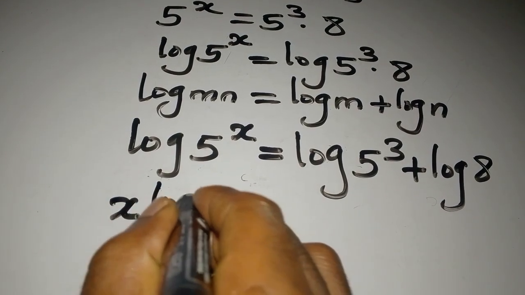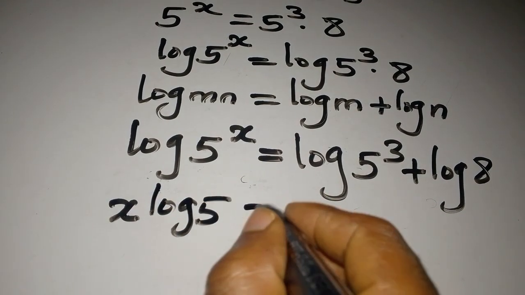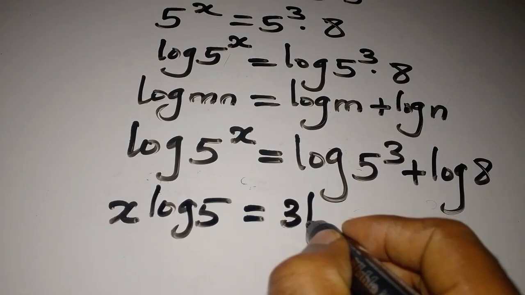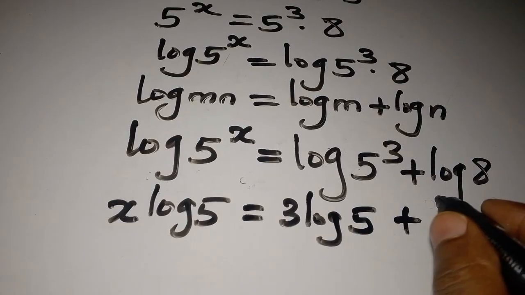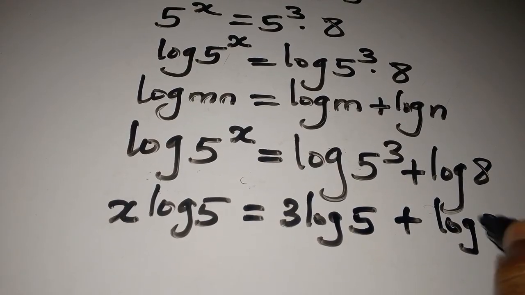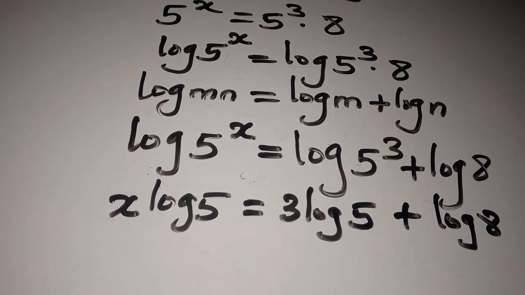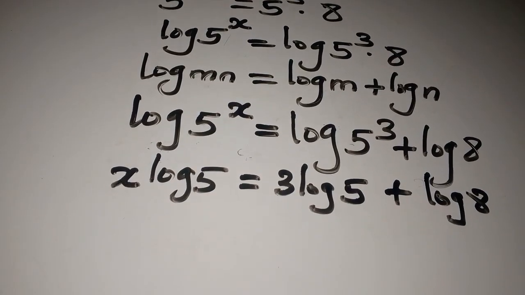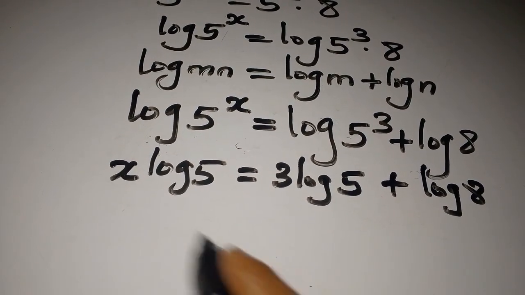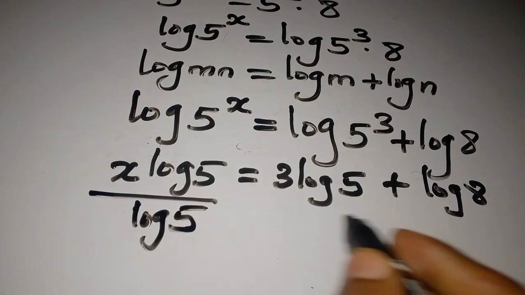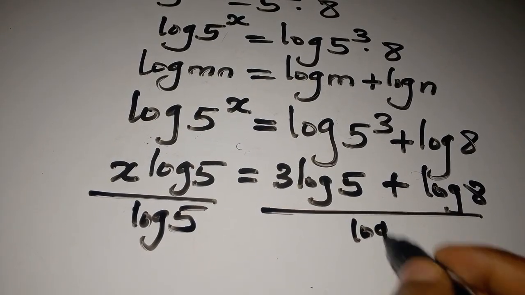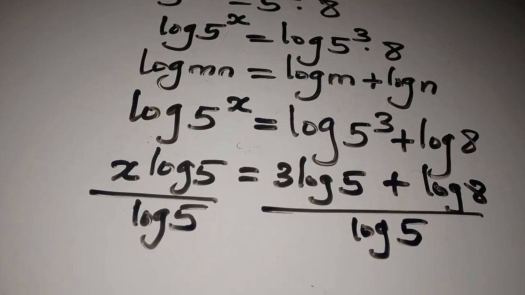So we have x log 5 to be equal to 3 log 5, then plus log 8. It does not have power, so you leave it like that. Then to get the value of x, we will have to divide this by log 5, and we'll have to divide this again by log 5.